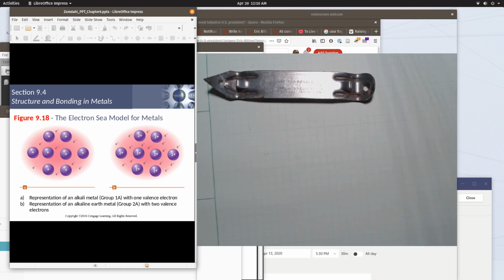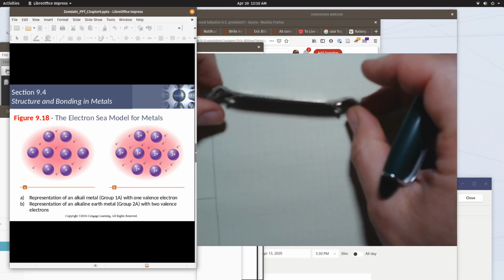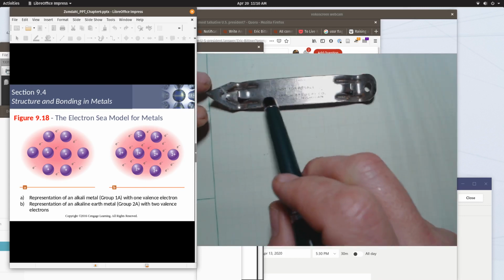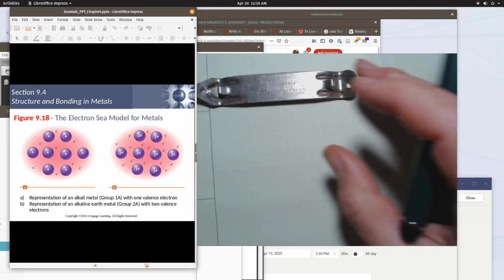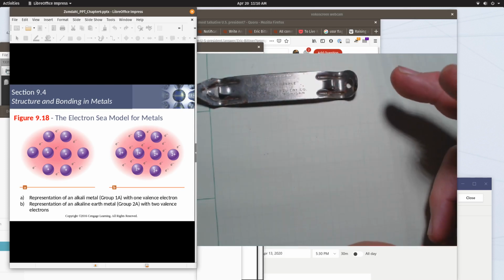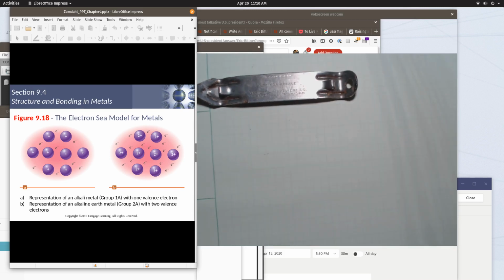They exist much like a gas, in what's sometimes called the electron sea or the electron gas model for metals. And it's still charge neutral. We can imagine that this piece of iron is really a periodic arrangement of iron ions with the countercharge of a comparable number of electrons that are free to move around in the system.